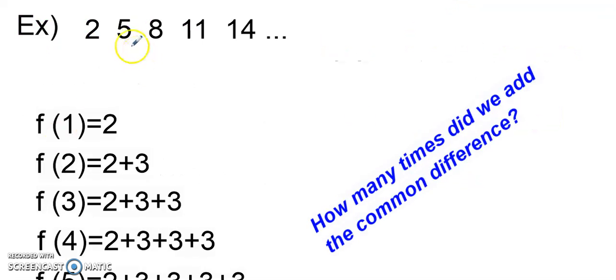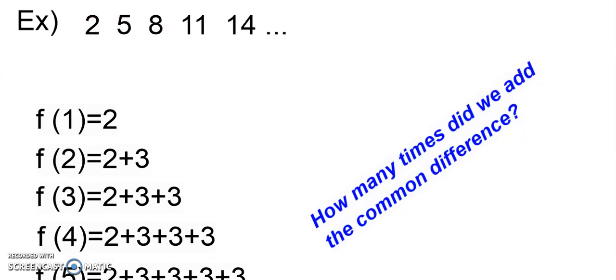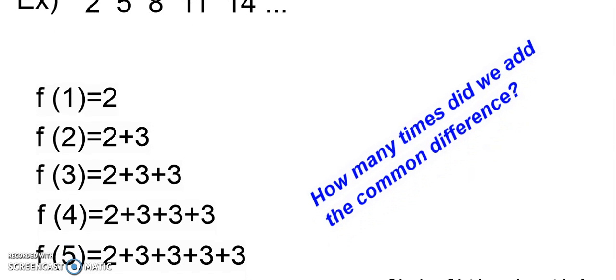Okay, so if I have a sequence like 2, 5, 8, 11, 14, what's happening each time is I'm adding 3. Well, we've had this example a lot, but if you just look at the terms and how we get to them in a recursive way, we have the first term, which is 2. To get to the second term, we take 2 plus our 3.